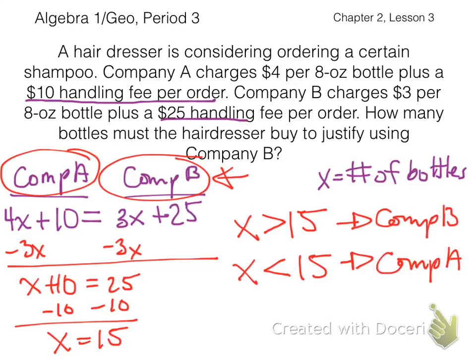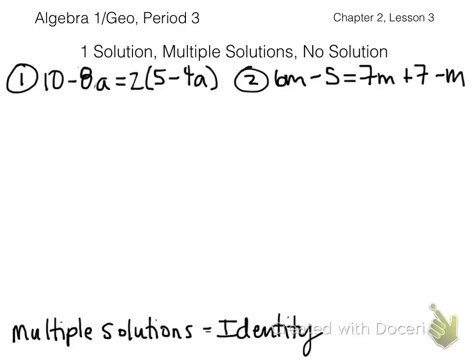Alright, moving on. Here's the situation with one solution, multiple solutions, no solution. This is going to come up a lot in Algebra 1. We're going to talk about it when it comes to parabolas and other complex equations, but for right now, we're just going to apply it to equations that have variables on both sides of the equal sign.